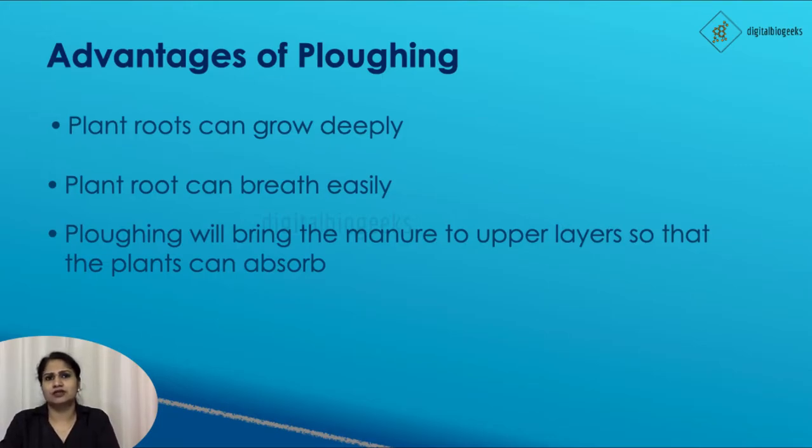In the chapter Microorganisms Friend and Foe, we learned that microorganisms decompose plant and animal waste into manure. This manure is in the deeper layers of soil. Ploughing will help to bring this manure into the upper layers so that the plant roots can absorb it. It also helps to remove weeds.